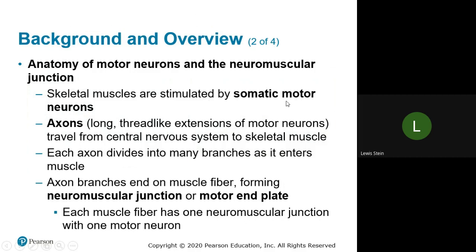So these are somatic motor nerves, effectively meaning they go to muscles or joints or related body structures, voluntarily controlled. We know the axon is very, very long. It can be extremely long, perhaps even a meter long, depending on the location of the muscles, coming to the spinal cord from the brain or from the spinal cord down to the muscle.